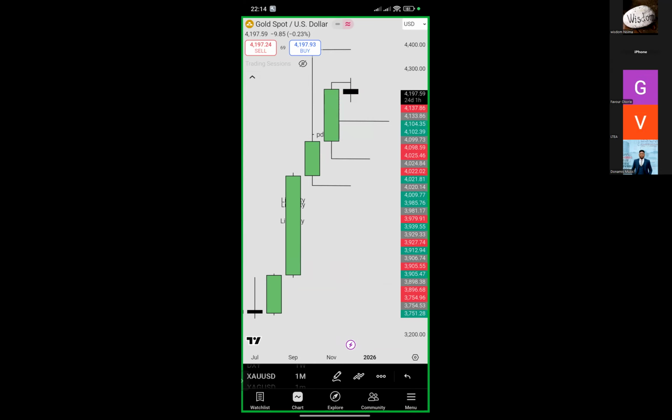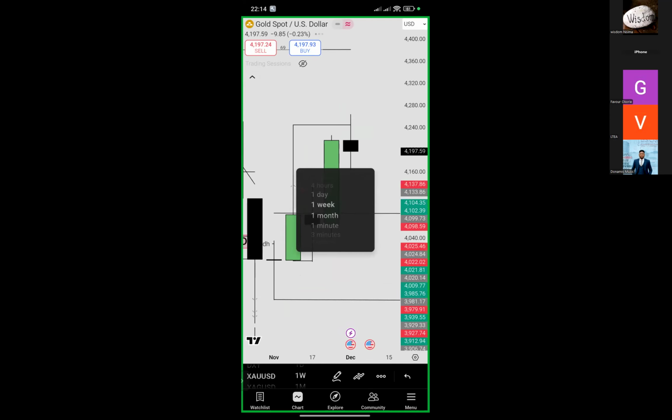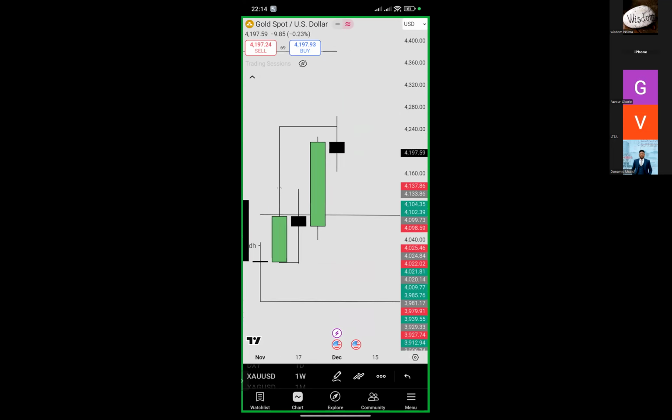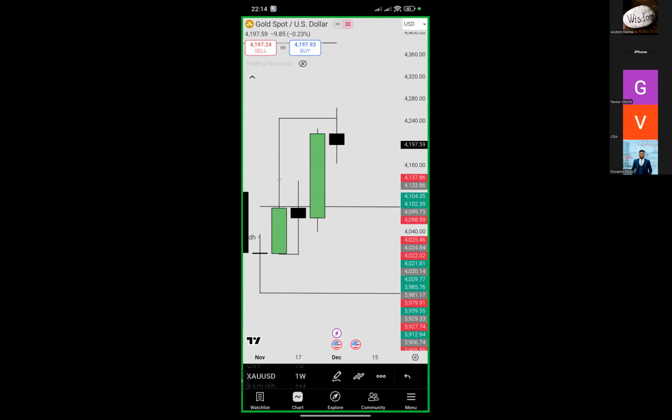So trading is all about confluence. Go to the weekly time frame. Now, you have the 50% of the monthly range marked out. So what can you see around the 50% of the monthly range?